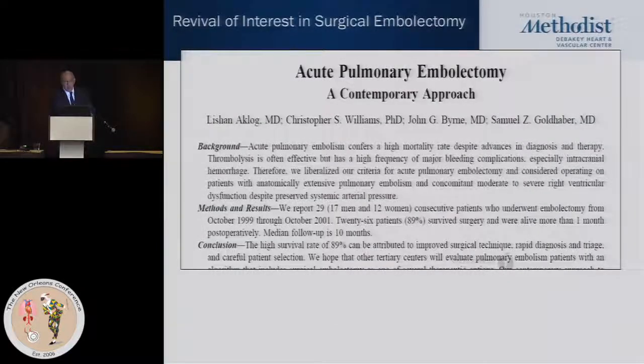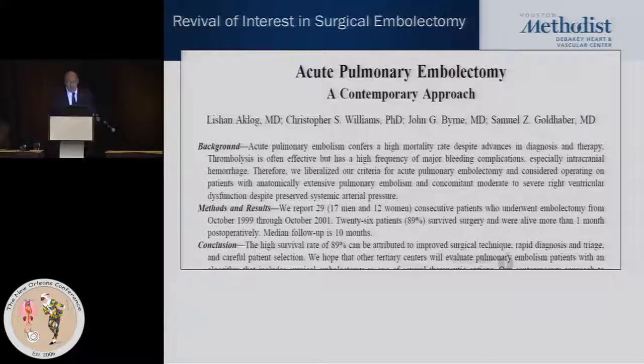Lishan Aklog and others at the Brigham decided to take a different approach and began operating on patients who were not in extremis, but nevertheless who had a significant clot burden with evidence of right ventricular dysfunction. Part of the rationale for this was the growing realization that chronic pulmonary thromboembolic disease was a serious problem that was being under-recognized, and the way to minimize that risk was to treat aggressively acute pulmonary embolism up front.